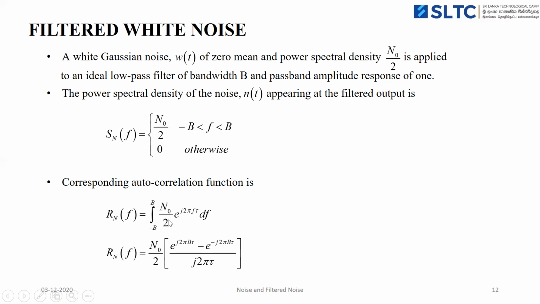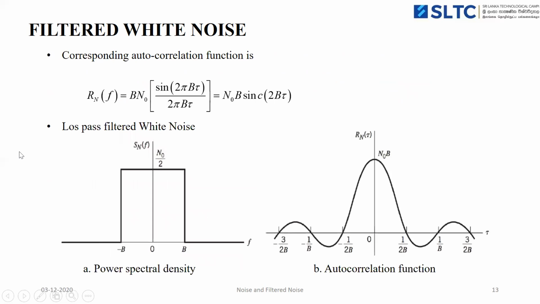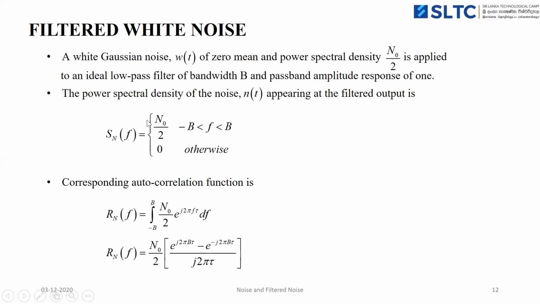So N0 by 2 is constant, take it outside. After integrating the exponential term, it becomes e power j2 pi B tau minus e power minus j2 pi B tau divided by j2 pi tau. Now we know the formula: e power j theta minus e power minus j theta divided by 2j, so this term we can write as sine theta.